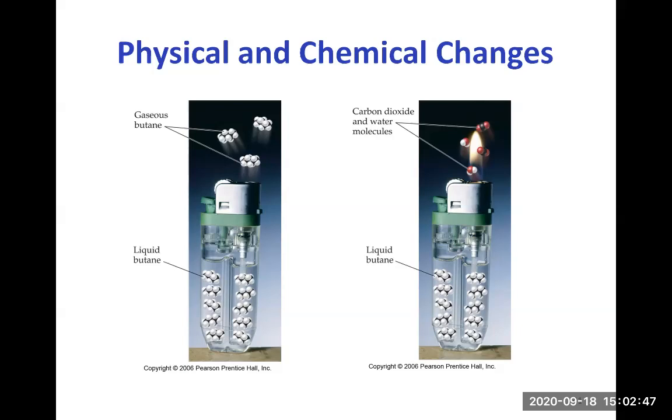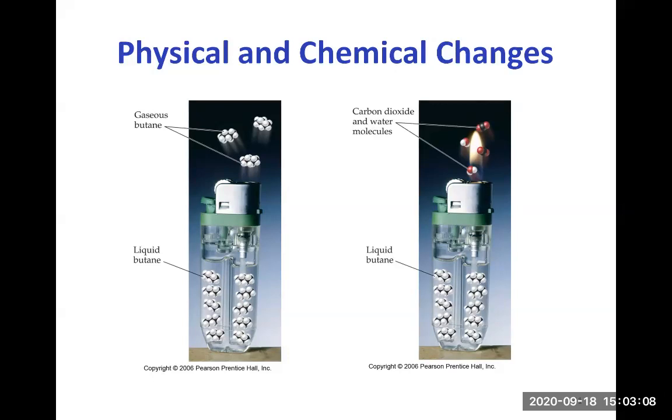Next, on the right, we have the same lighter, liquid butane. And this time, if you strike the stone and create a spark, you can ignite the butane and create a flame. The flame is due to the fact that butane is burned.